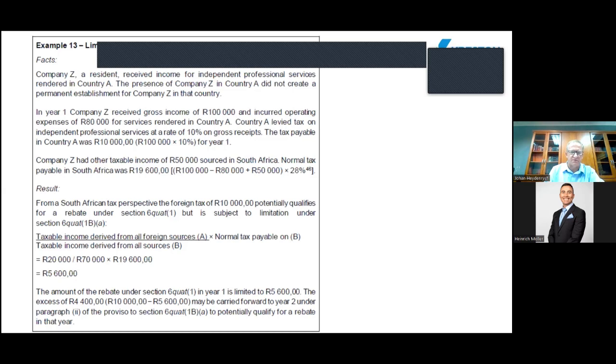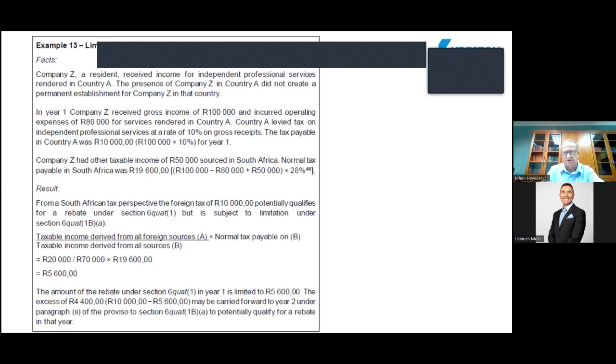Taxable income derived from all foreign sources divided by taxable income from all sources multiplied by the normal tax payable. So 20, which is 100 minus 80, even though the tax was calculated on 100, it's 20 over 70 times 19,600. So the maximum amount is 5,600 Rand that you can deduct. Because they withhold 10,000 Rand, you can only get a 5,600 Rand deduction.